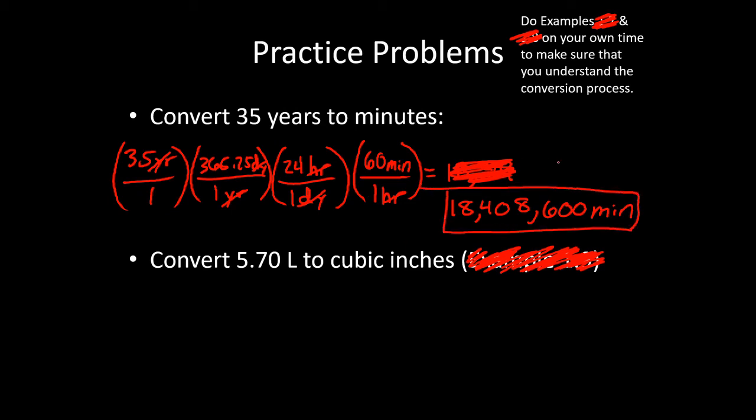Or, if you don't want to have all those digits in there, 18.49 times 10 to the 6 minutes. A lot of minutes. That's a lot of minutes. Almost 18.5 million minutes in 35 years of life.